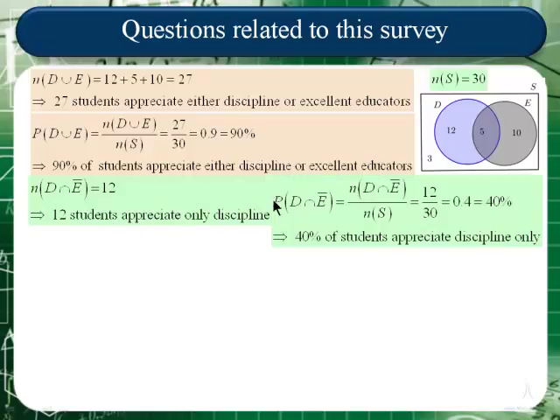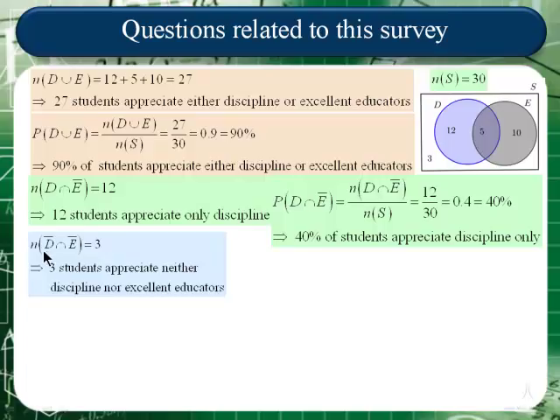So the probability of finding students who appreciate discipline only is the cardinal number of that area, which is 12, divided by the cardinal number of the sample space. So it's 12 over 30. If you simplify this, you get 4 over 10 or 40%. So 40% of the students appreciate discipline only.